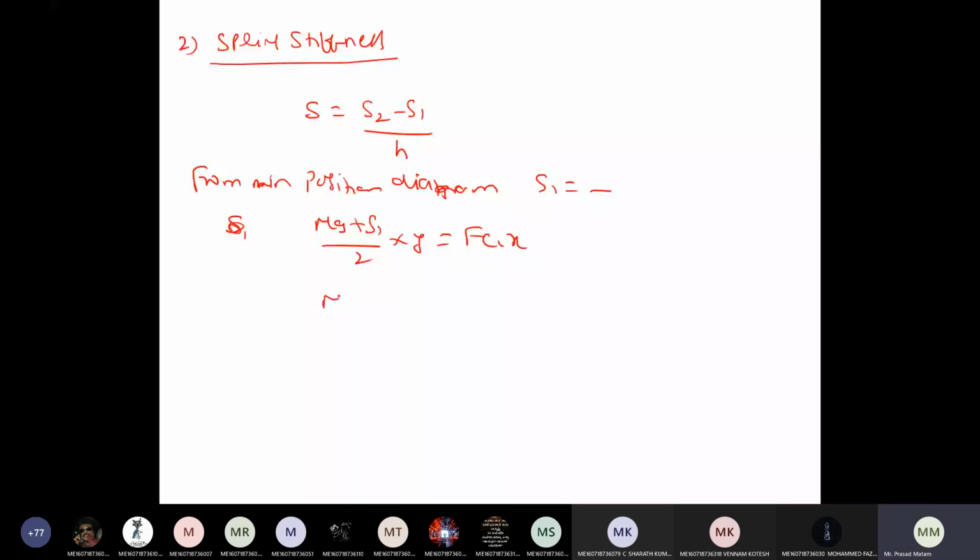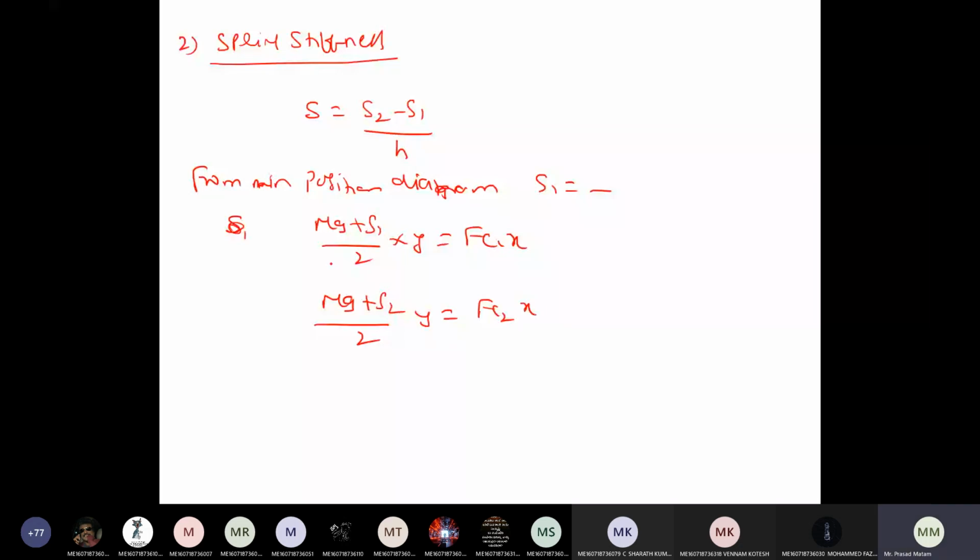Similarly, from the maximum position, Mg plus S2 by 2 into y is equal to FC2 into x. So from this, try to find out the S1 and S2 values. And again, we are neglecting the effect of the obliquity of the arms.